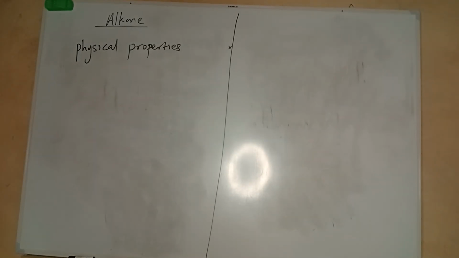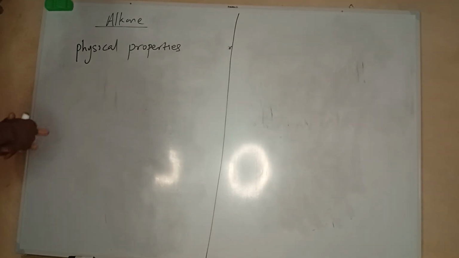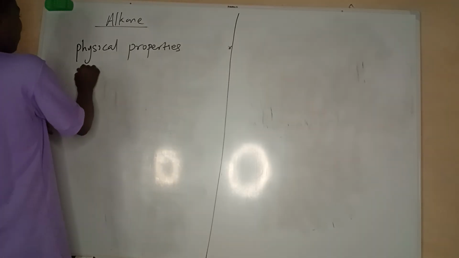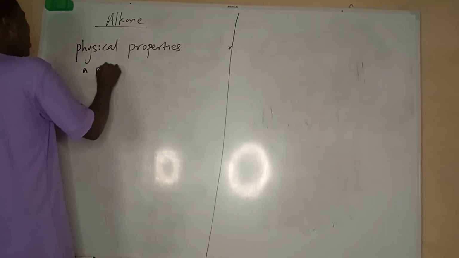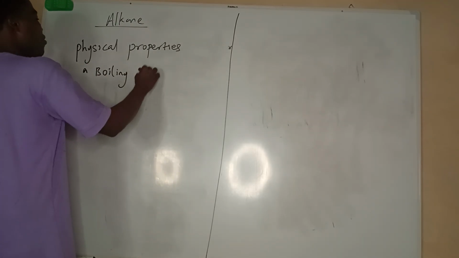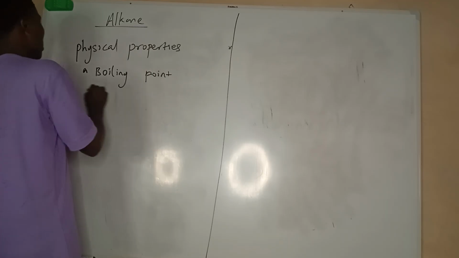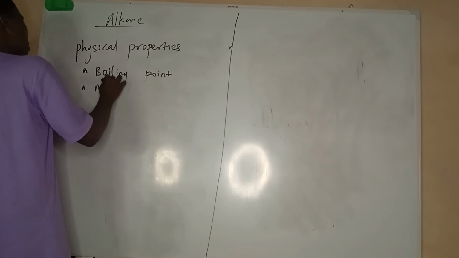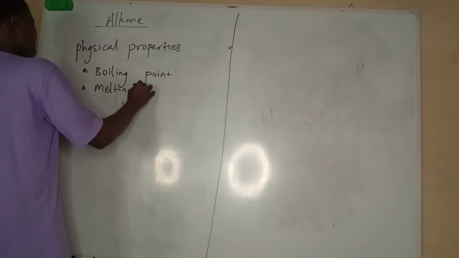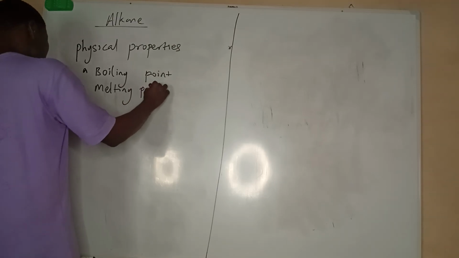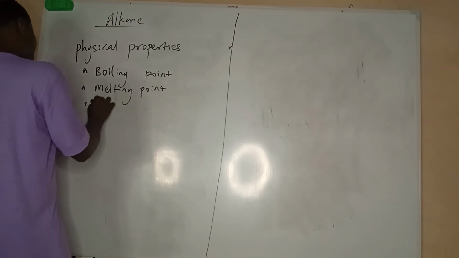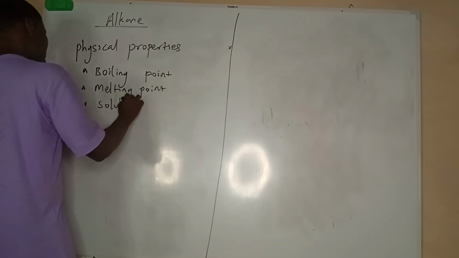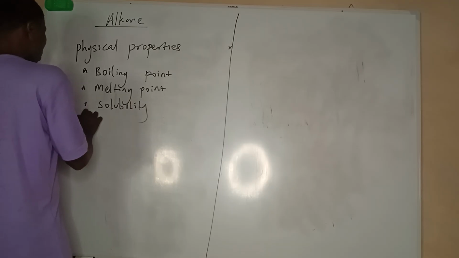The physical properties of alkanes include, first, boiling point. I'll talk about their melting point, which goes together with their boiling point. I'll also talk about solubility and polarity.